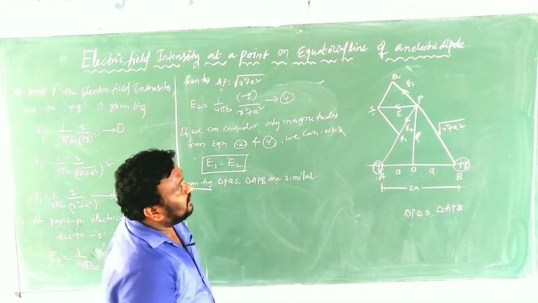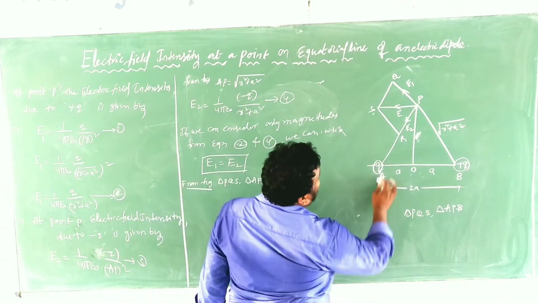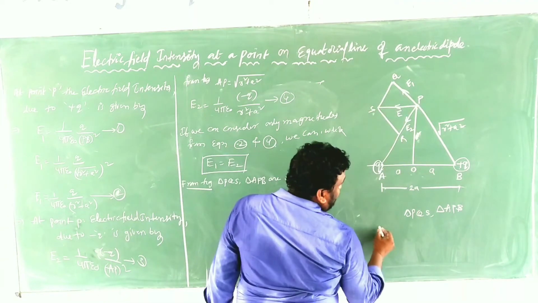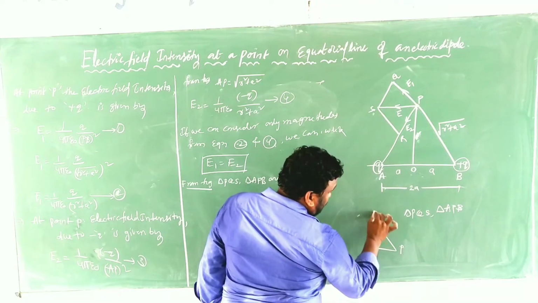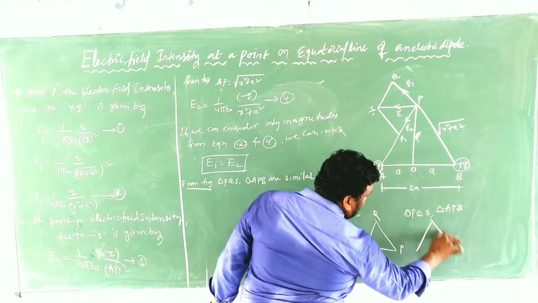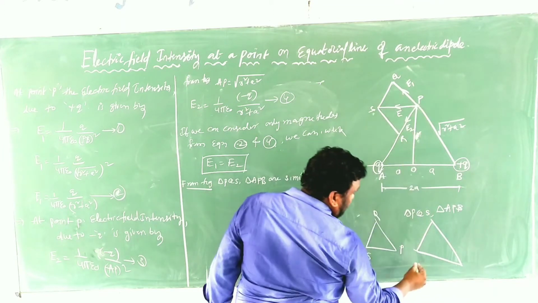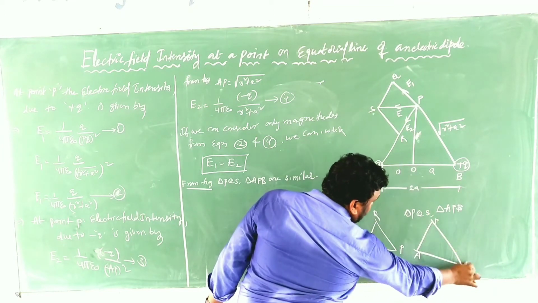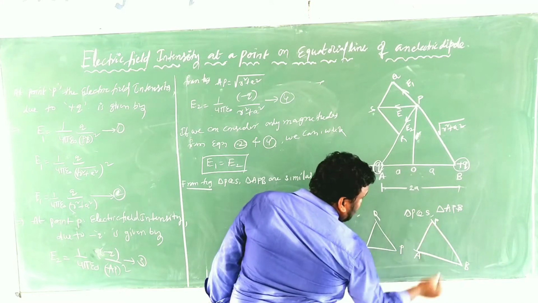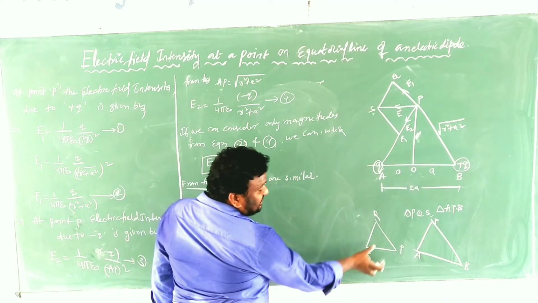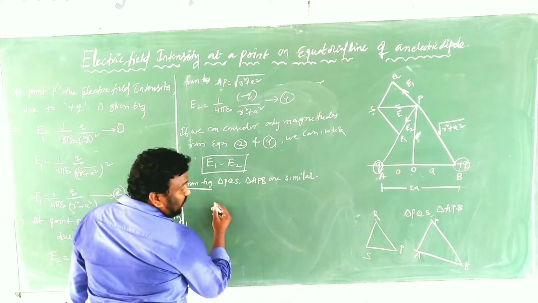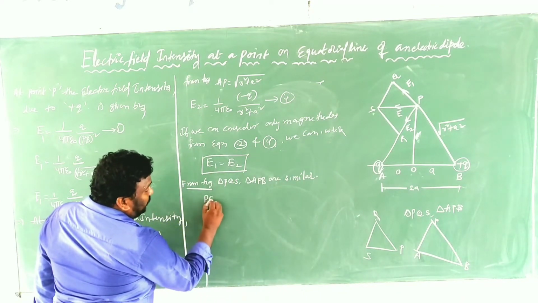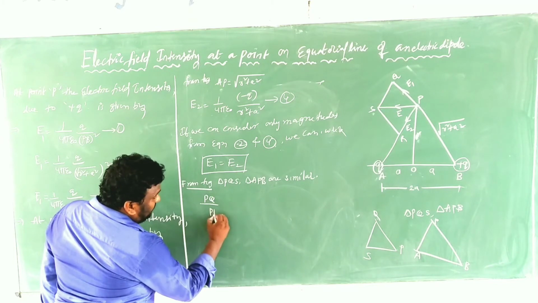Here I am drawing the triangles separately: this is PQS and the next one is APB. Now watch carefully. First we take the sides PQ and PB, so I write PQ by PB.